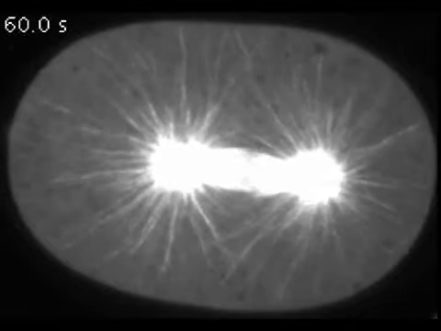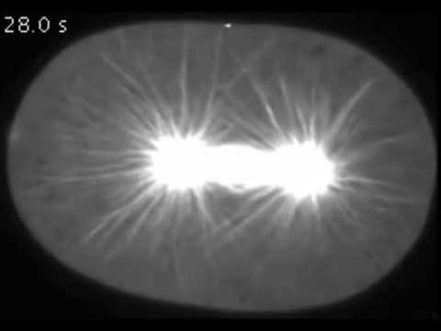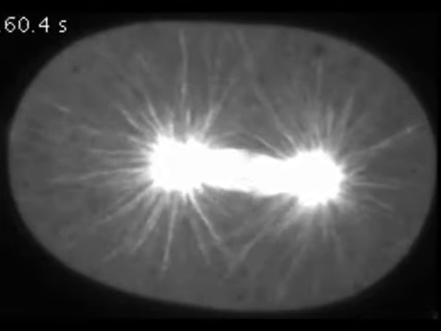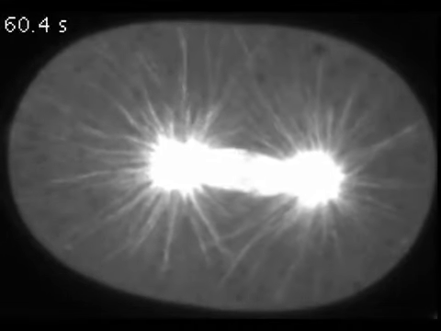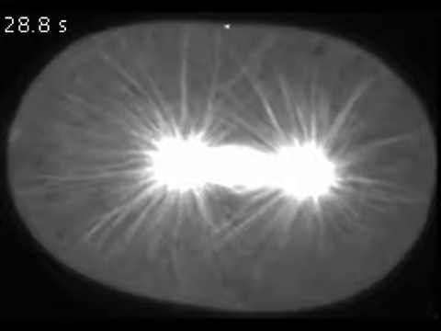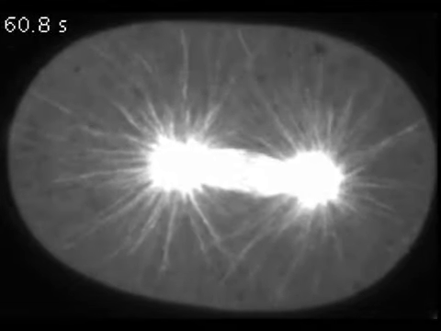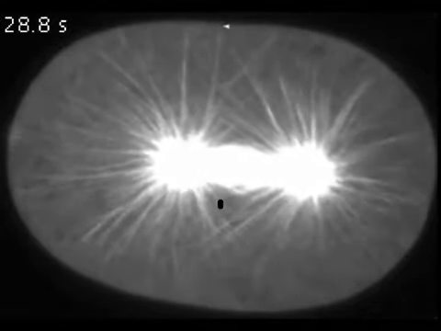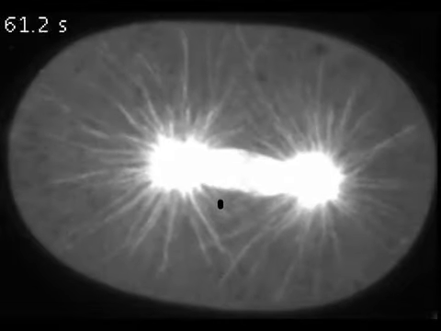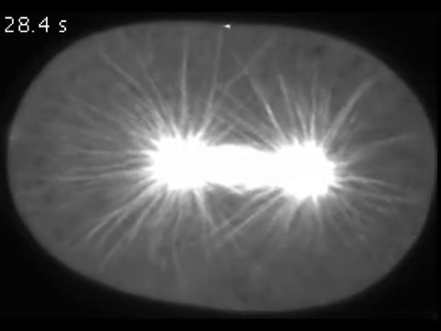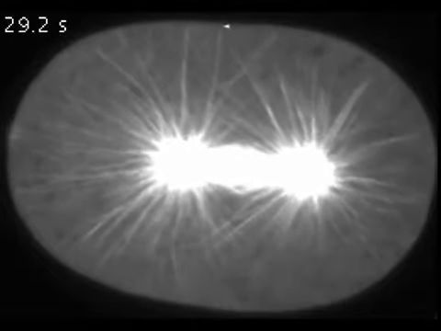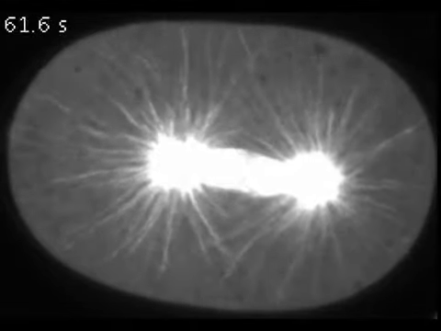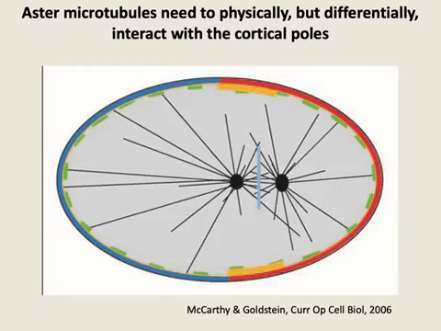So you need this interaction between the microtubule and the cortex. And that's affected by those astral microtubules and how they will interact with the cortex, which is different in the front, in the anterior part of the egg or the posterior part of the egg. So here you have a very direct connection potentially between the polarity of the cortex and the positioning of the spindle. So let's look into that.